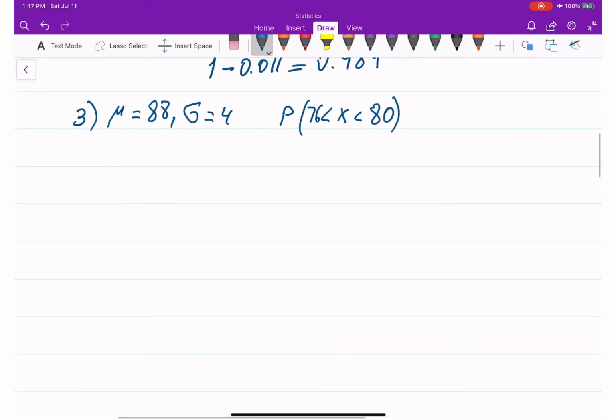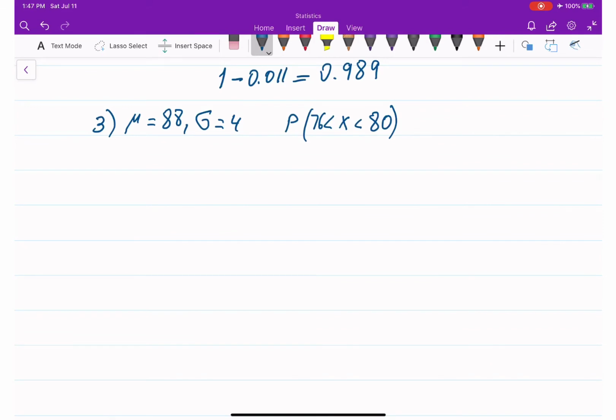Okay, what does that mean? Let me explain. Normal distribution. Okay, here is x.